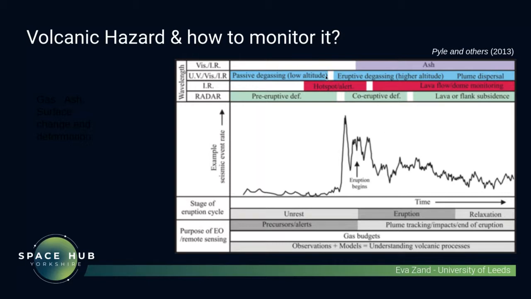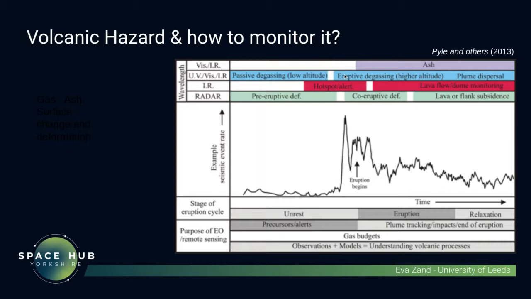When it comes to gas, that depends on whether the volcano is an open or closed volcanic system. If it's an open volcanic system, this means that it is passively degassing throughout the whole time, even if there's no volcanic eruption.